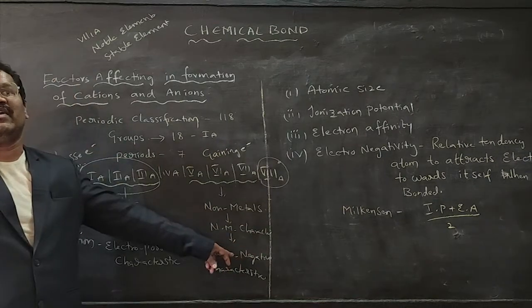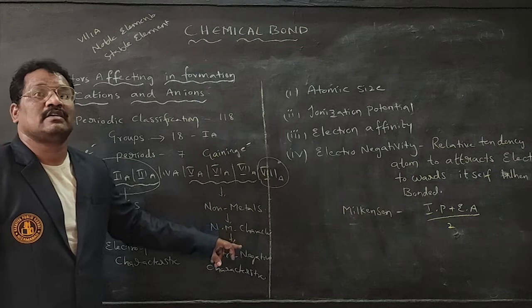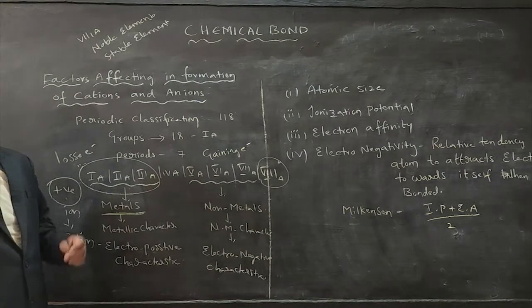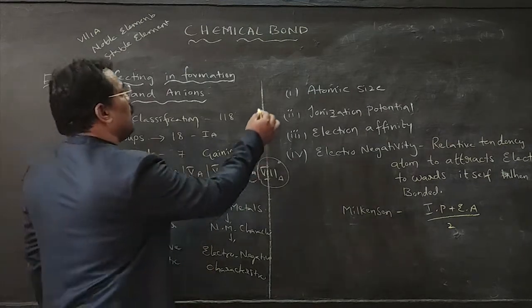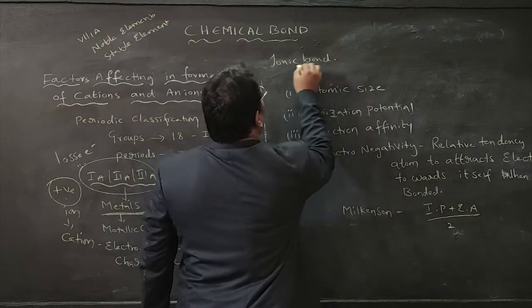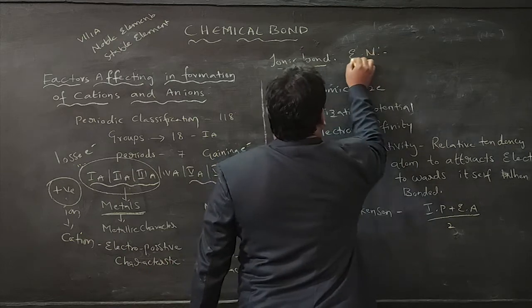So high electronegativity exists for non-metals, therefore they are called electronegative elements. Based upon this nature, to form an ionic bond, electronegativity will play a vital role.